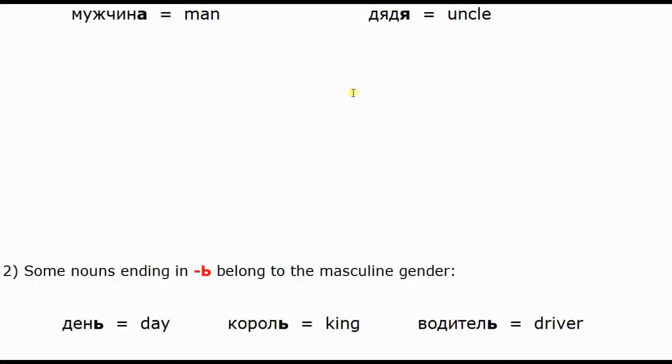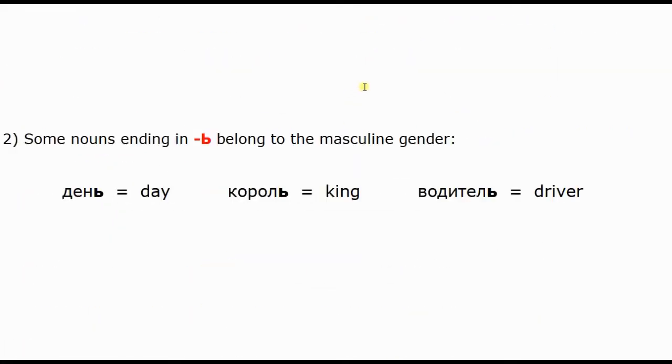Another example that we have is this very broad and specific group of nouns in the Russian language which end in the soft sign, мягкий знак. And this is a very broad theme of the nouns ending in this soft sign. I'll make another separate video on these types of nouns.